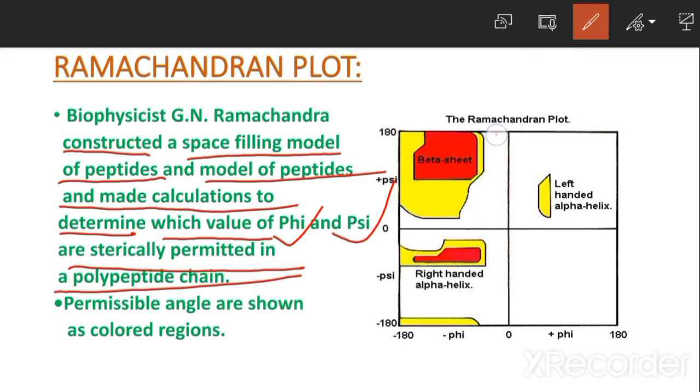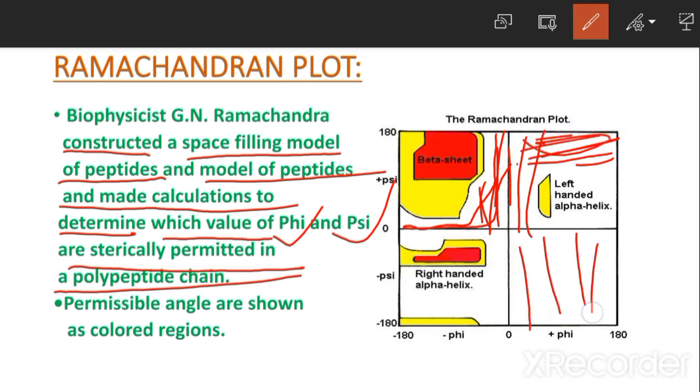Here, the white regions are not permitted because steric hindrance is present. But the colorful sides, yellow and red, are permitted regions.